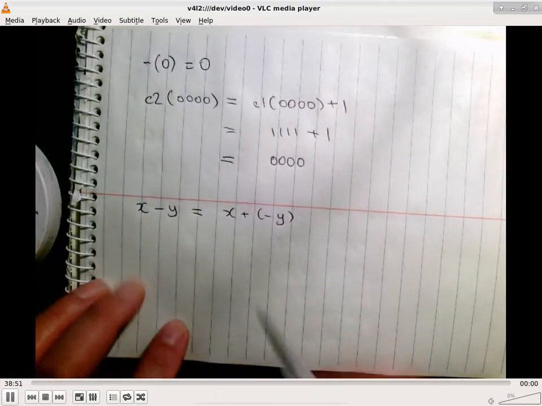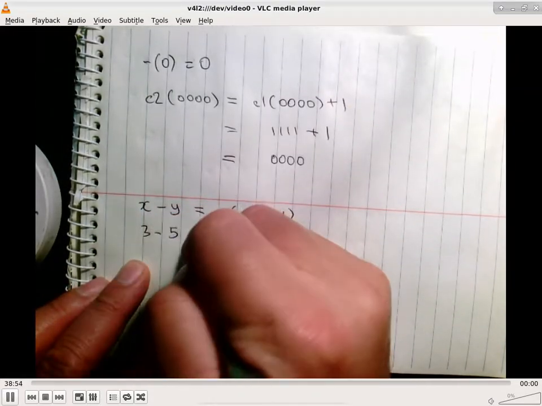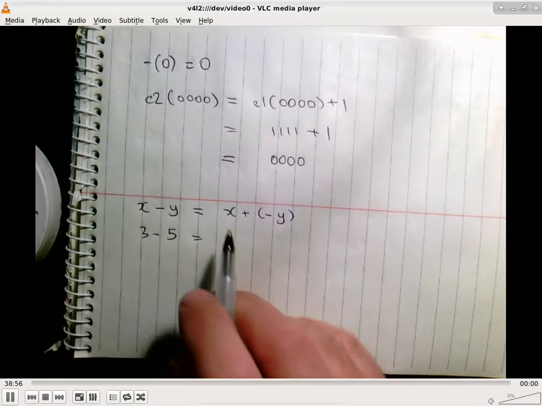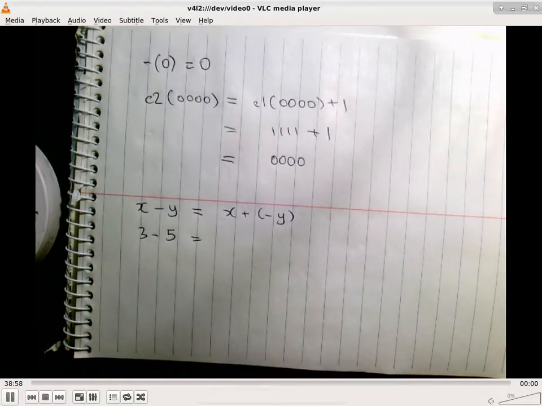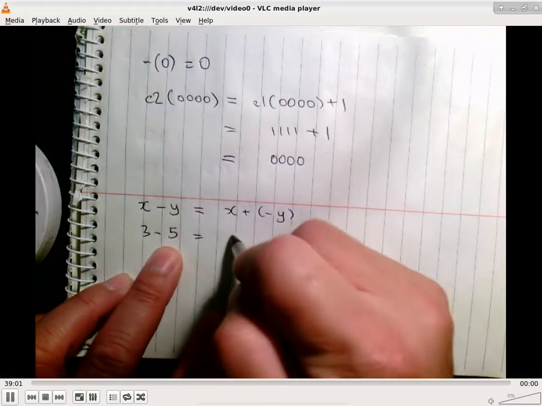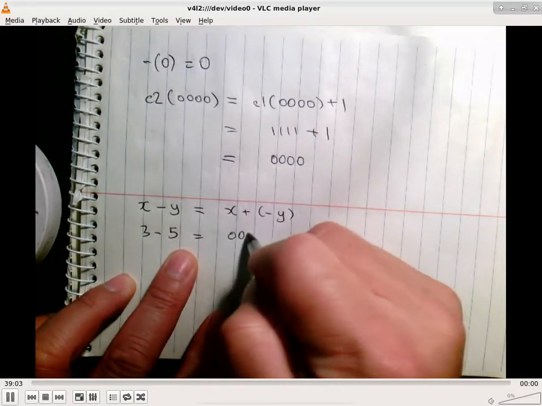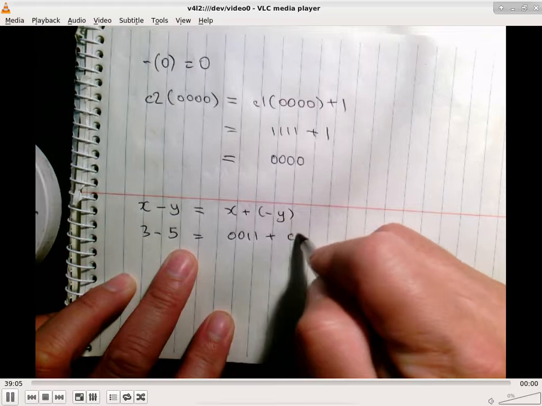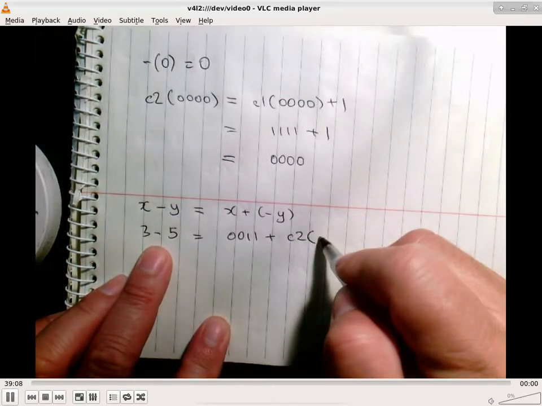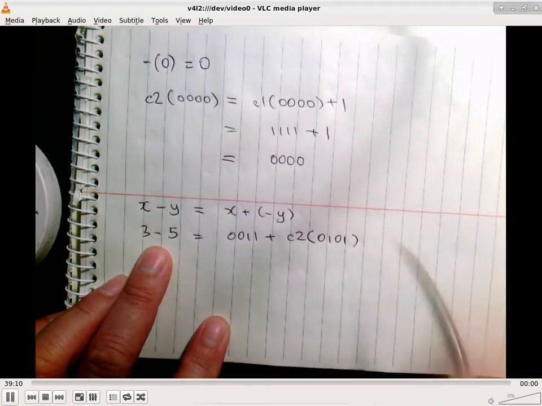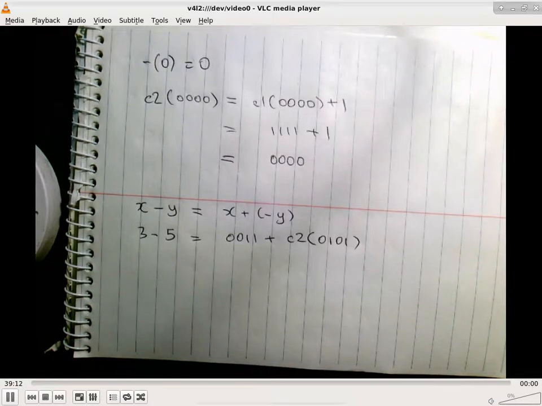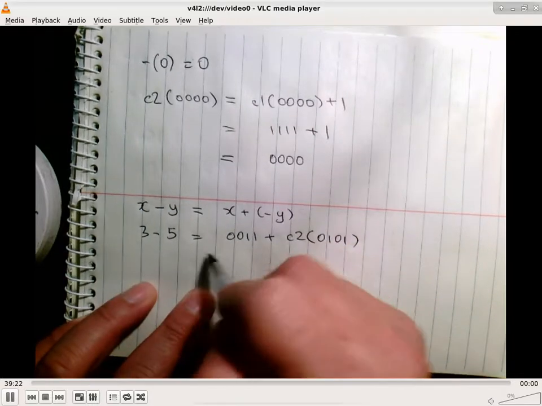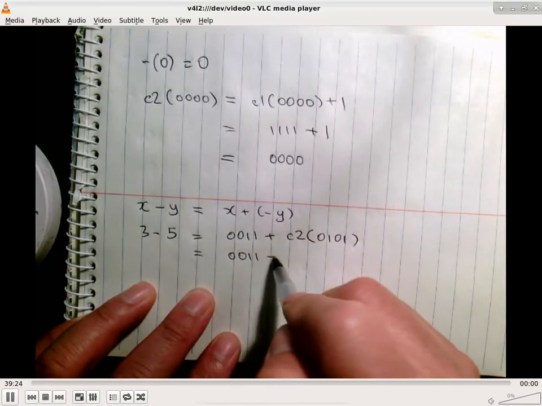Okay, so let's go ahead and try that. What is 3 minus 5? This time we convert everything to 4-bit representation. So now I'm asking, this is the same thing as 0011 plus the 2's complement of 5, which is 0101. Is that okay? I'm skipping that one step of 3 plus the negation of 5, but that's basically what it is. So the first thing we need to do is apply the 2's complement to 5.